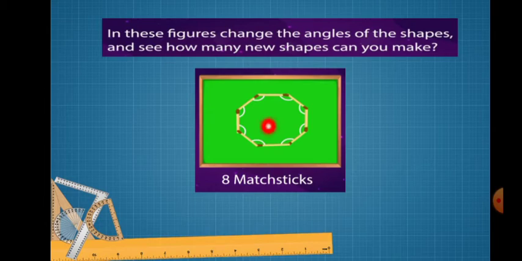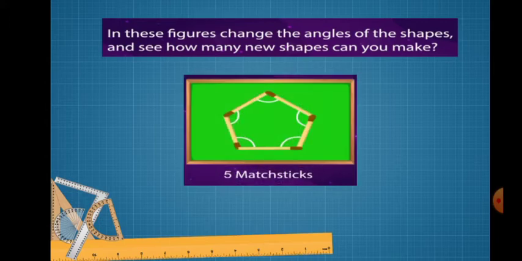Change the angles of the shapes by arranging the matchsticks one away from the other at a few distance. Then you can observe angles with different measures. Like that, for the pentagon also you can do, children.